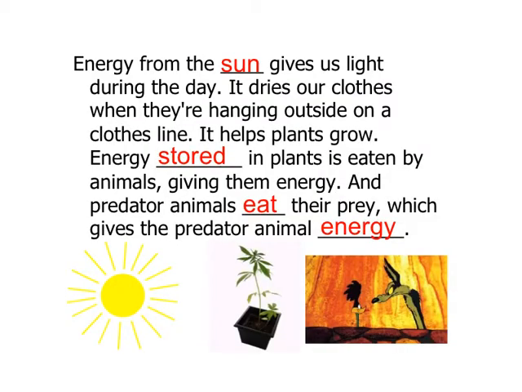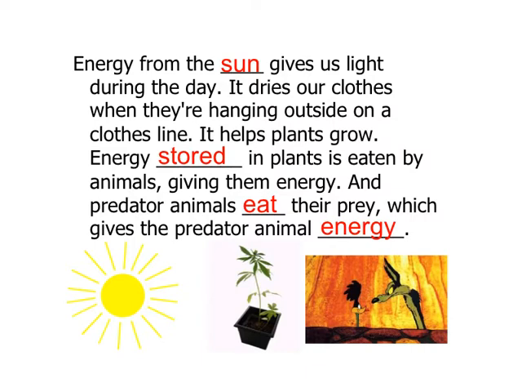Energy from the sun gives us light during the day, keeps us warm. It dries our clothes. It helps plants grow because that radiant energy from the sun comes down and is absorbed by the chlorophyll in the chloroplast. And photosynthesis takes place, turning carbon dioxide and water. That radiant energy turns into chemical energy when that chemical reaction takes place, and it creates glucose and oxygen.